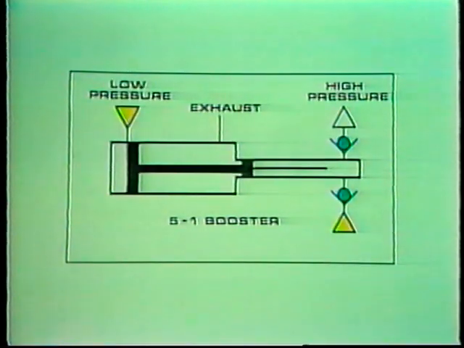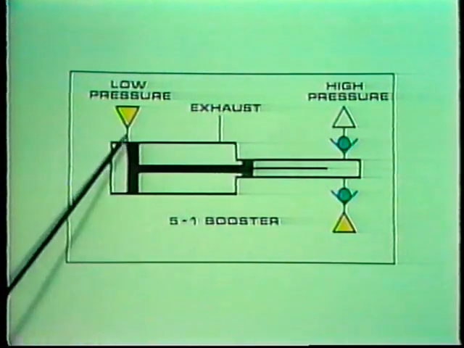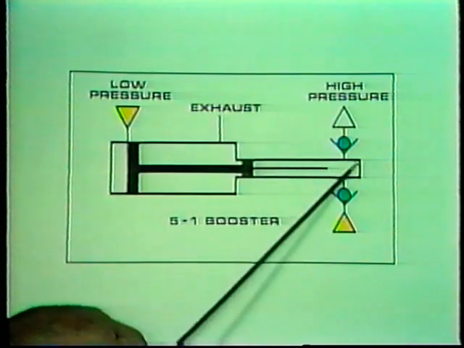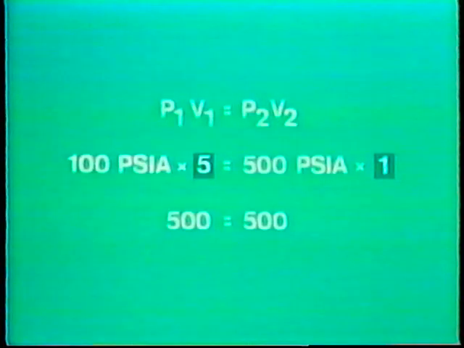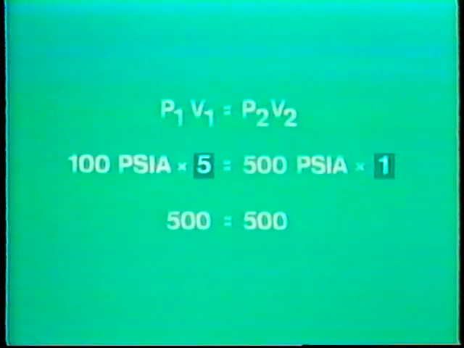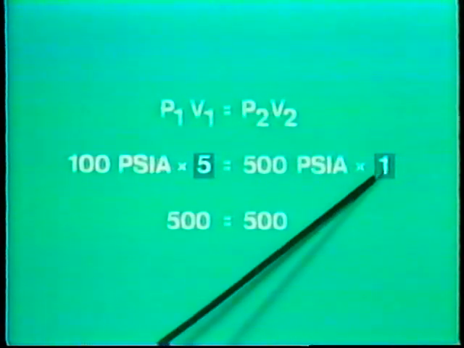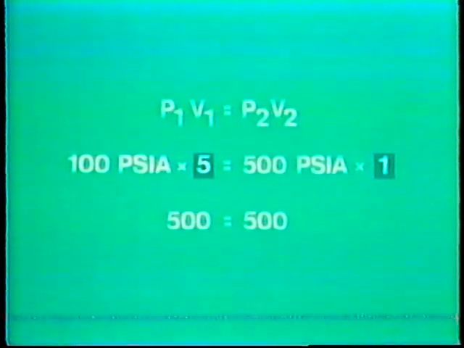In our 5-to-1 intensifier, we get our pressure increase because the volume on the input side is 5 times the volume here on the output side. So if we are raising air at, say, 100 psi to a pressure of 500 psi, our system will have to use 5 cubic feet of air for every cubic foot we get at the higher pressure. We are trading volume for pressure.